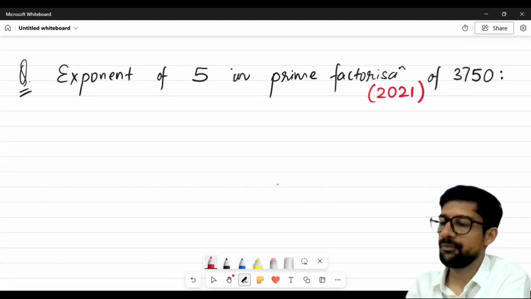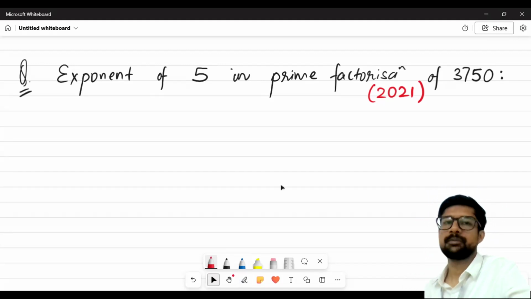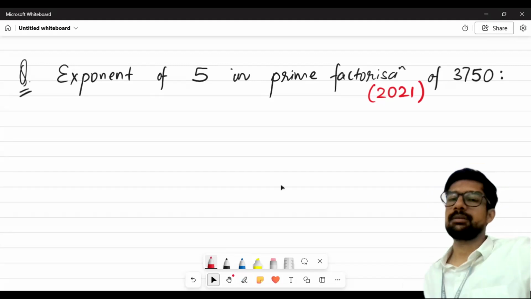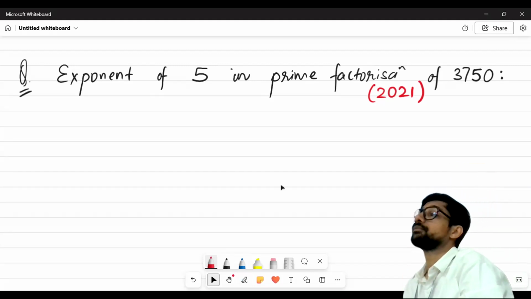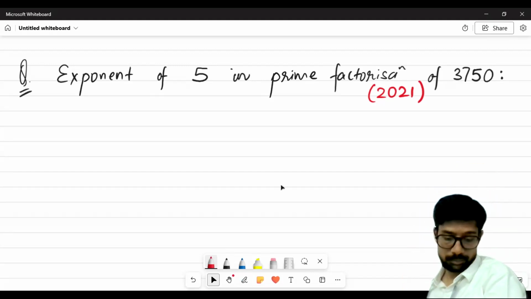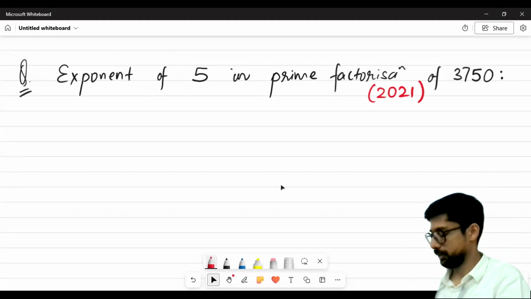Exponent of 5 in the prime factorization. Quickly prime factorize it and it's done. 5 to the power 4. Okay.